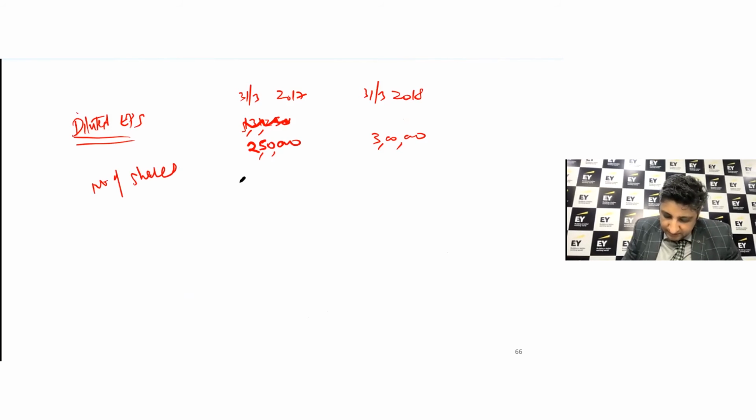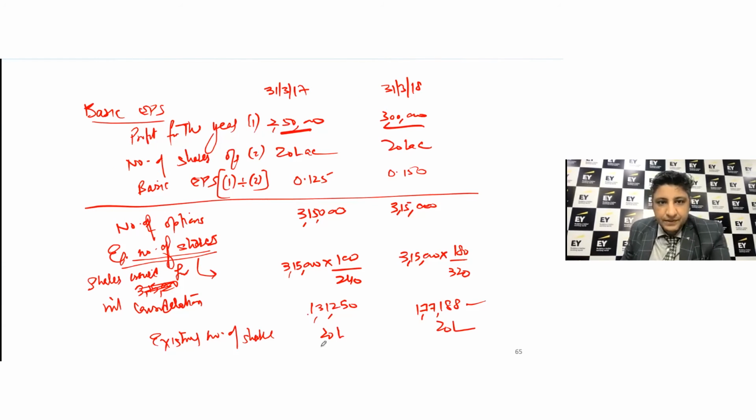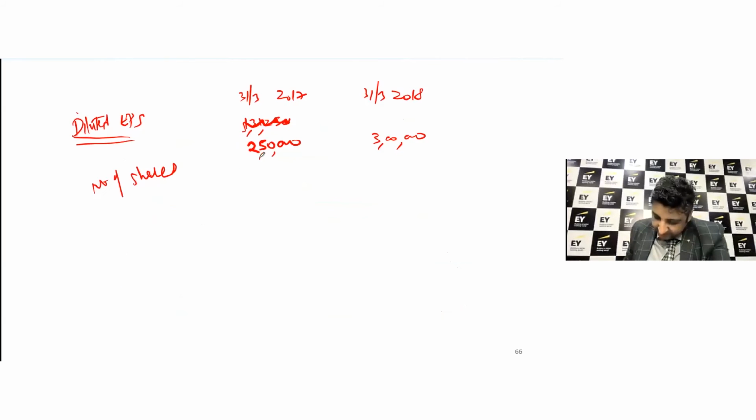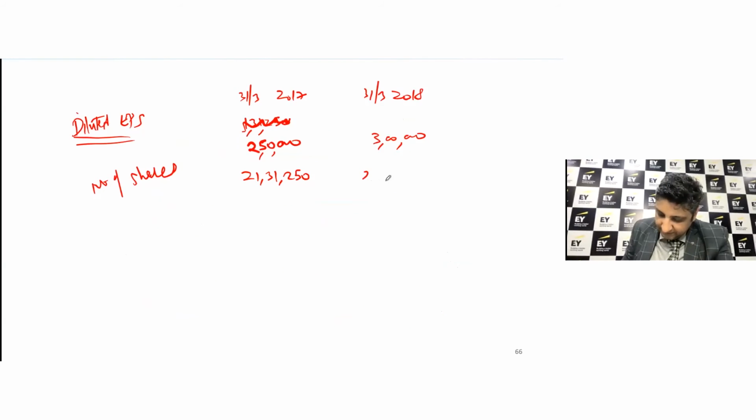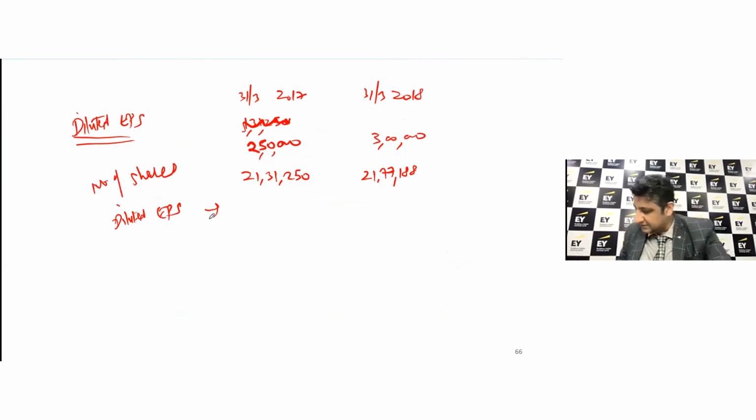The number of shares is 21,31,250, and in this case it is 21,77,188. Of course, the diluted EPS can be calculated as 2,50,000 divided by 21,31,250.